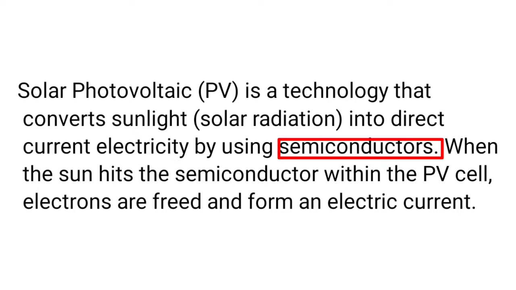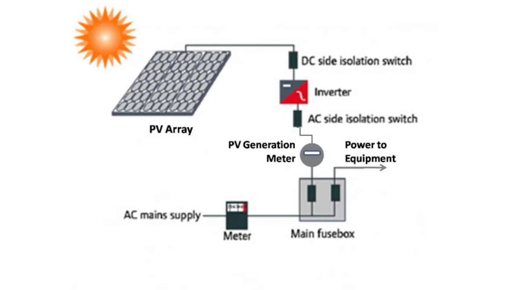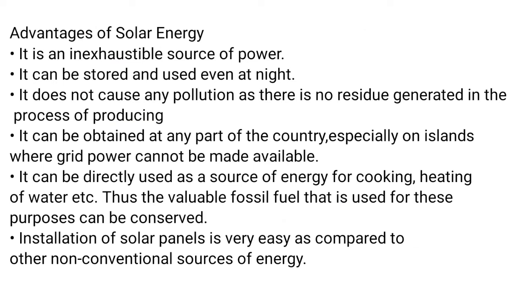When the sunlight hits the semiconductor within the solar cells, electrons are freed, and from there the electric current is produced. When the sunlight hits the photovoltaic array, it produces direct current. That direct current goes to the inverter, where it is converted into alternating current, and after that the alternating current is ready to use for different purposes.